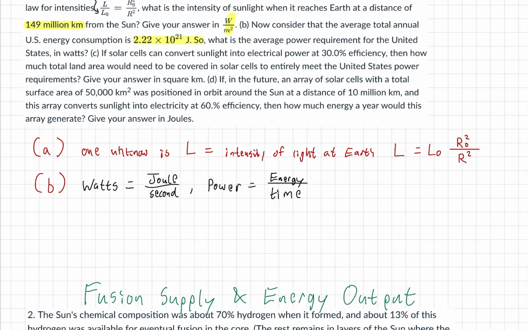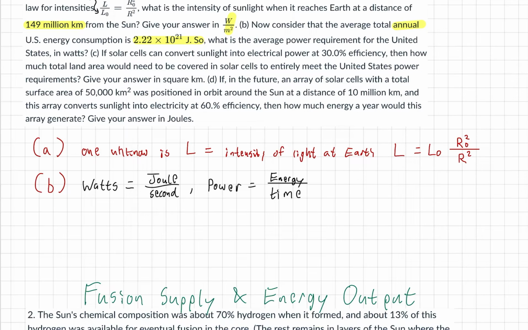Point being, in this case, you're being asked for watts for the power, and since you know the energy, do you also know the time? Well, you do, because it says annual. So right there, that is your other number, all right? Sometimes these values can be kind of hidden, not given up front. And since joules are based in, well, base units, which involve seconds, we've got to make sure that we're putting our time into seconds as well.